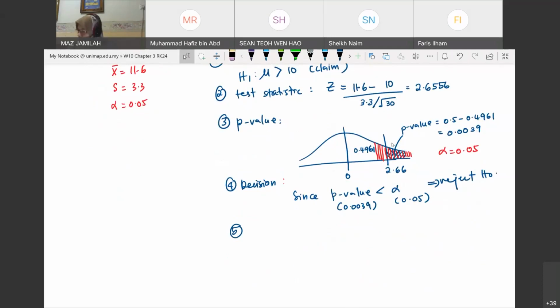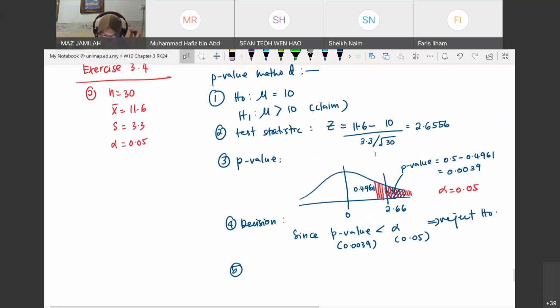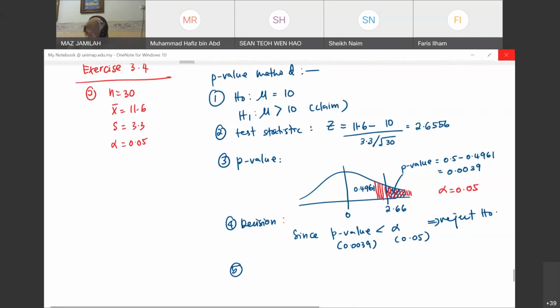Okay, so when we reject the null hypothesis, number 5, your conclusion. What was the claim just now? The claim is the alternative statement, and we reject the null, so we have sufficient evidence.